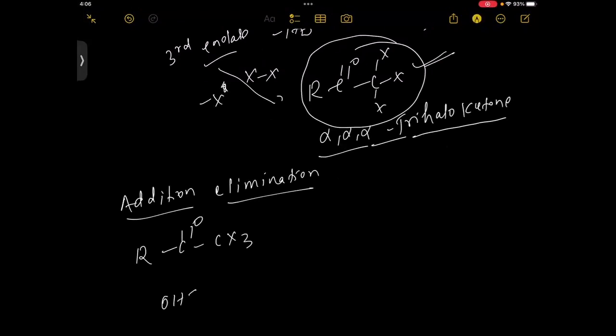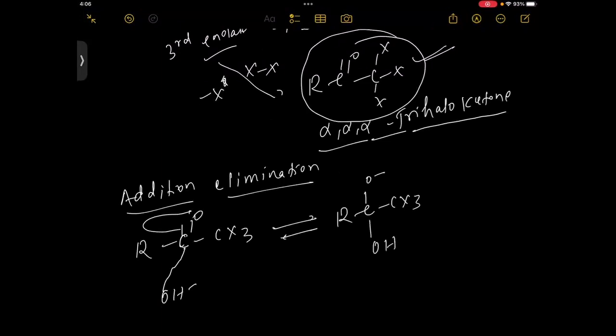When the base attacks the carbonyl carbon, R-C-O negative with CX3 and OH forms. Now CX3 will be the better leaving group, because a leaving group depends on how stable its conjugate base is. Students, what do you think? When this CX3 is removed, what will happen?